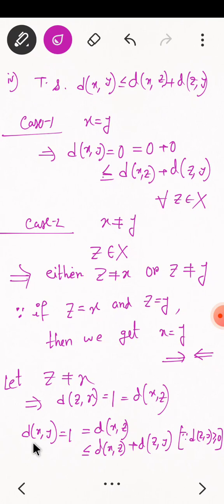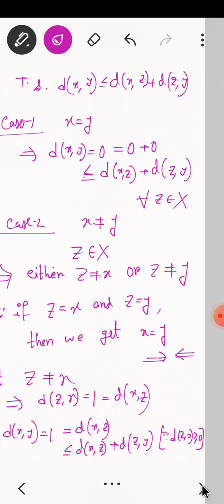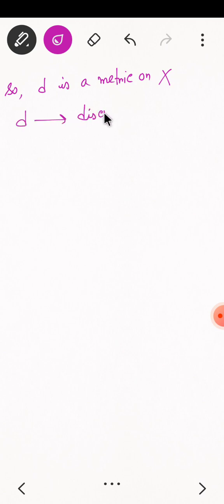So that is, we prove that D of xy is less equal to D of xz plus D of zy. So D is a metric on X. This metric we call the discrete metric or trivial metric on any non-empty set X. So any non-empty set with respect to the discrete metric forms a metric space.